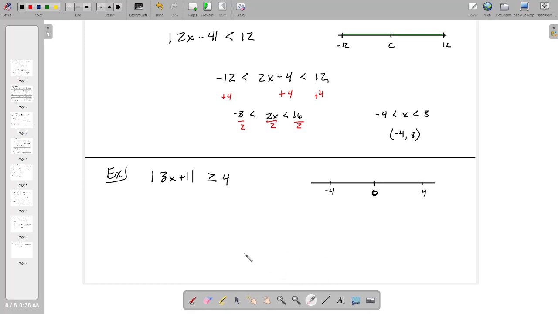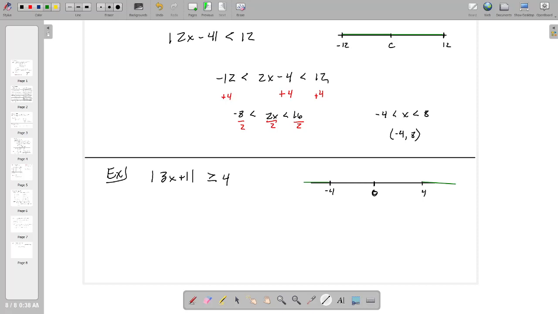So what we're saying here is that whatever number 3x plus 1 turns out to be, that number needs to be farther away from 0 than 4. So it's going to be in this range out here.